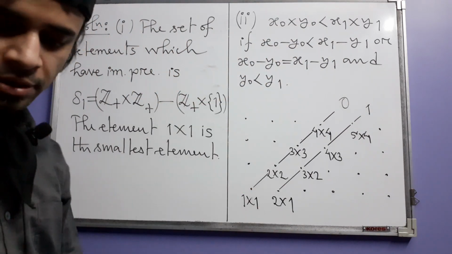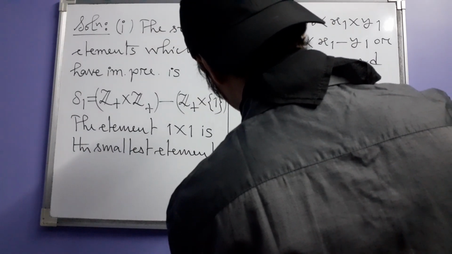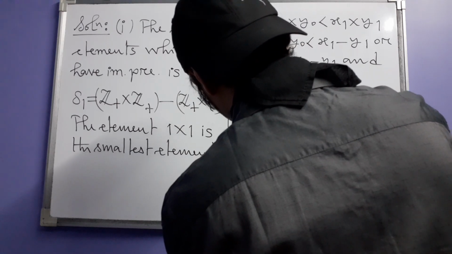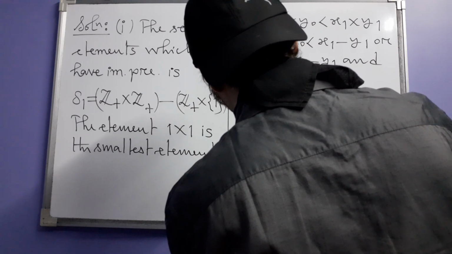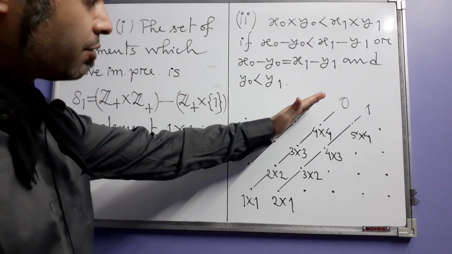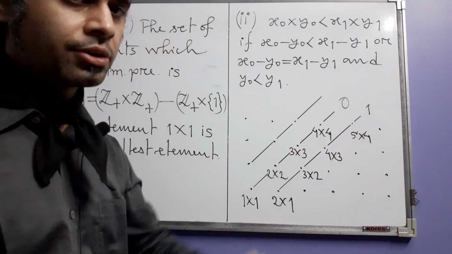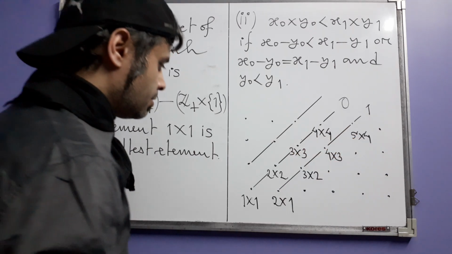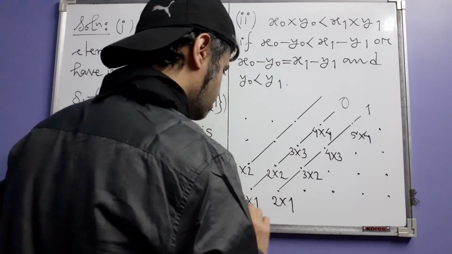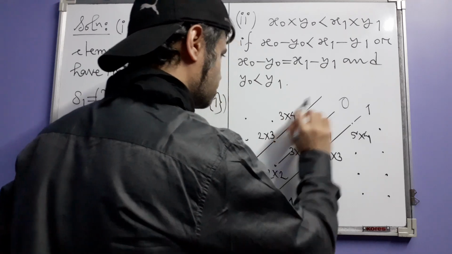And similarly, let us also draw that other diagonal which lies above this one. You can in a sense call the first diagonal line our middle diagonal, because above it you will continue to get diagonals, and below it also you will continue to get diagonals. What about these points? 1 times 2, 2 times 3, 3 times 4 and so on.